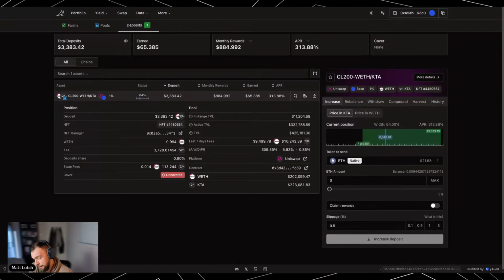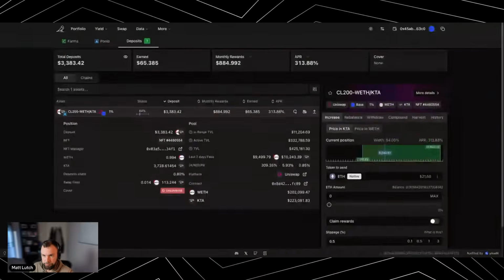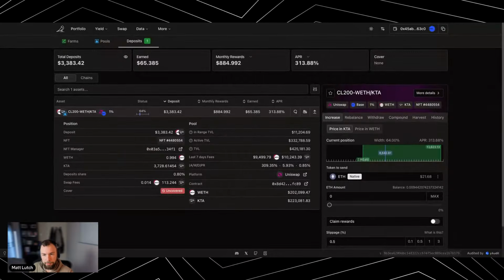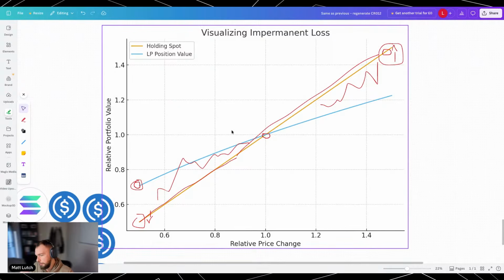I know people don't want to do that, but for guys worrying about how am I going to do my taxes, use a tax software like Coinly. But always remember that impermanent loss doesn't mean permanent loss.